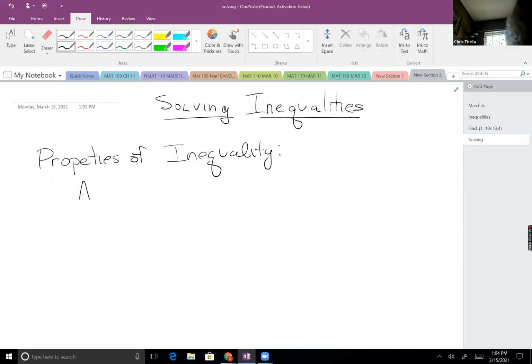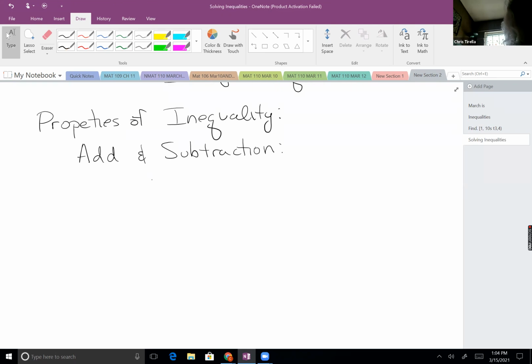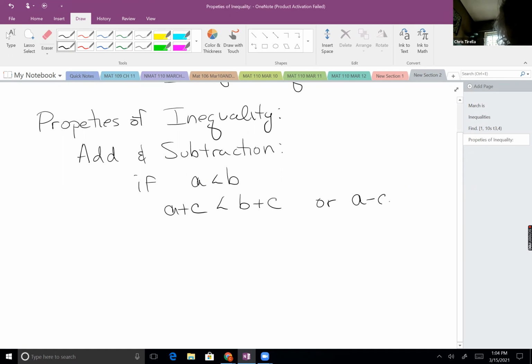We have the addition and subtraction properties. Which says that if I have an inequality, if A is less than B, then I can add the same thing to both sides and the inequality remains the same, or I can subtract the same quantity from both sides and the inequality remains the same.